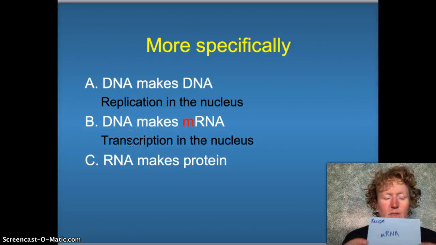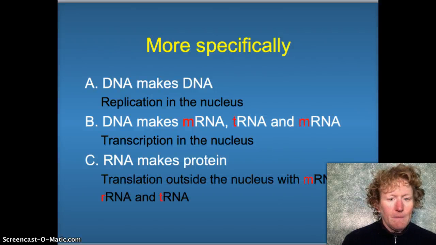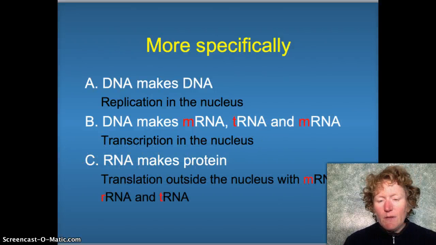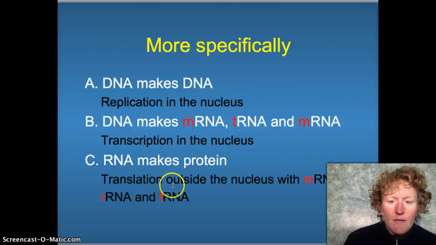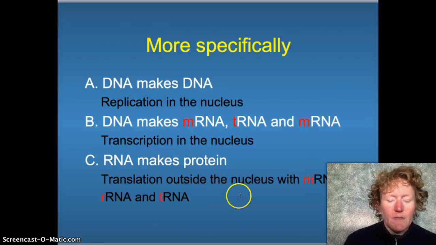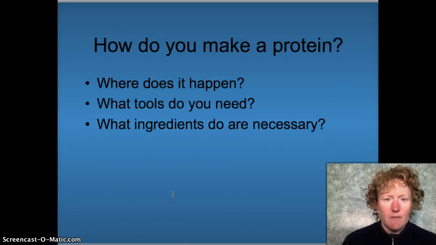So transcription, this process of creating the recipe card, happens inside the nucleus, but then that recipe card travels outside the nucleus to make protein. So there's kind of a nucleus boundary right here between B and C. Translation happens outside the nucleus: mRNA travels from the nucleus, works with ribosomal RNA and transfer RNA to make proteins.